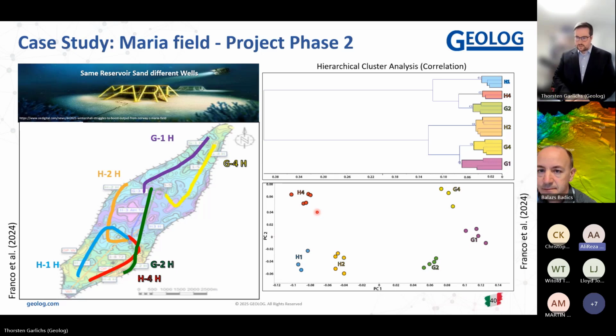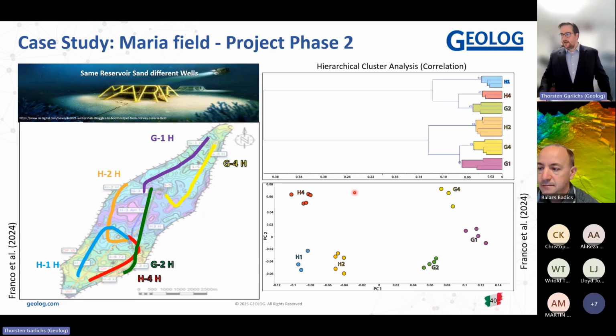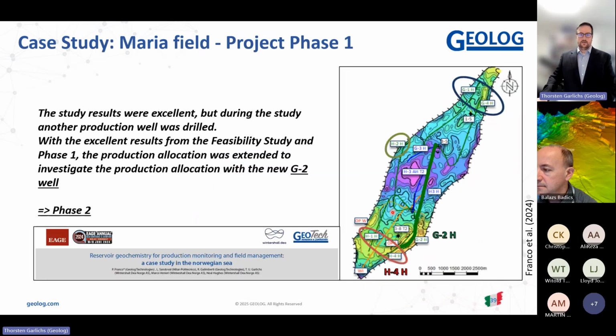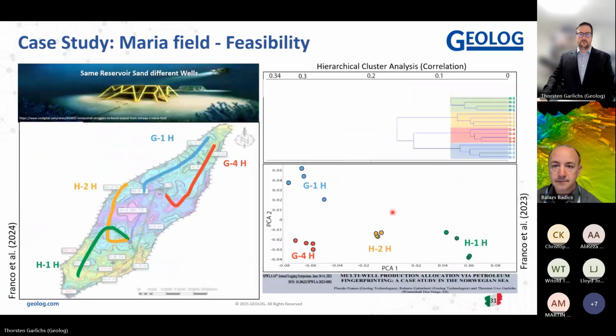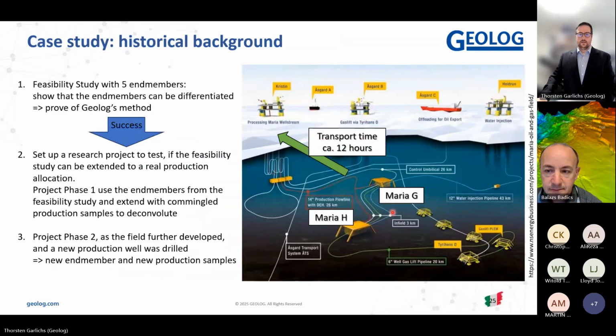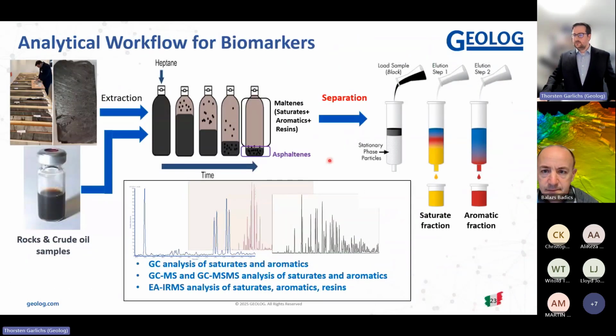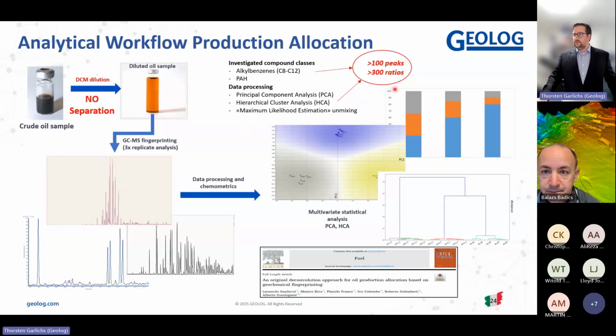Thank you very much. Yeah, so the first thing is quite simple. The hierarchical clustering in PCA is mainly used to see how you can deconvolute the samples statistically. The raw peak heights are later used in the workflow, in the unmixing algorithm.